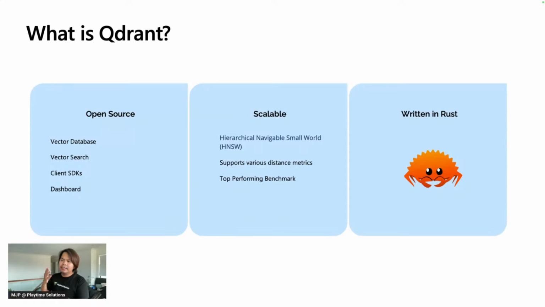So it's not lacking those features that you might look at in things like AI search or other managed platforms out there. And second to the last thing is that it's top performing in terms of various benchmarks out there, right? You can just search it on the web, and Quadrant is really one of the leaders in those different tests.